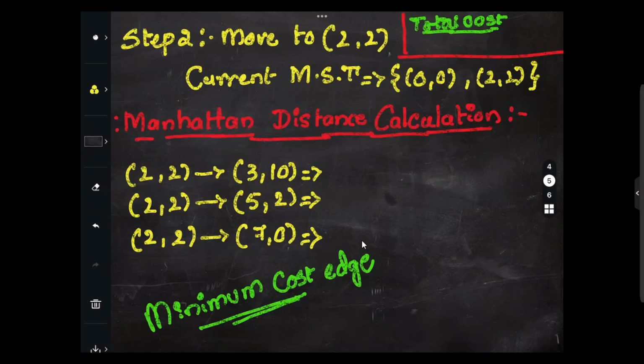So let's calculate this using the Manhattan distance calculation. Sorry, not this one, we are doing this one, right? I completely forgot. This one will be 2 minus 3 plus 2 minus 10.